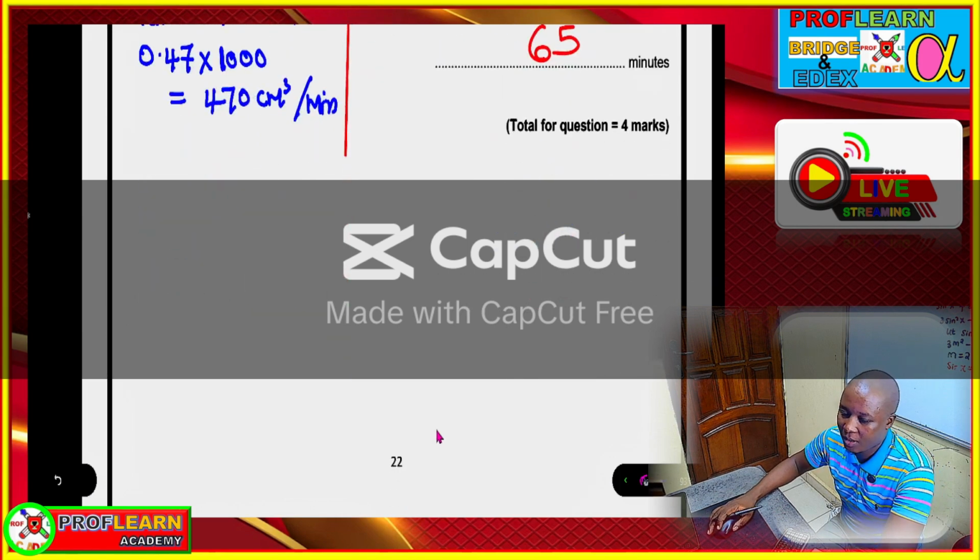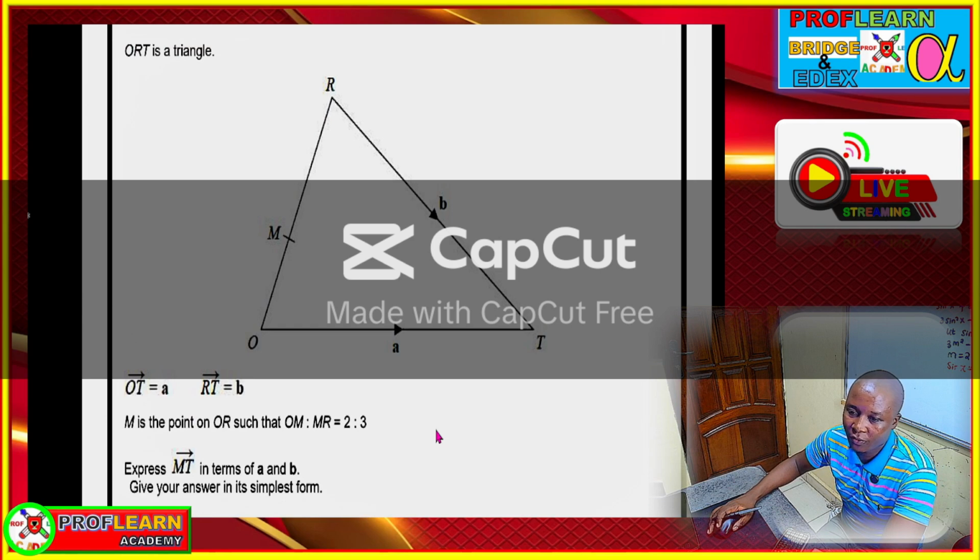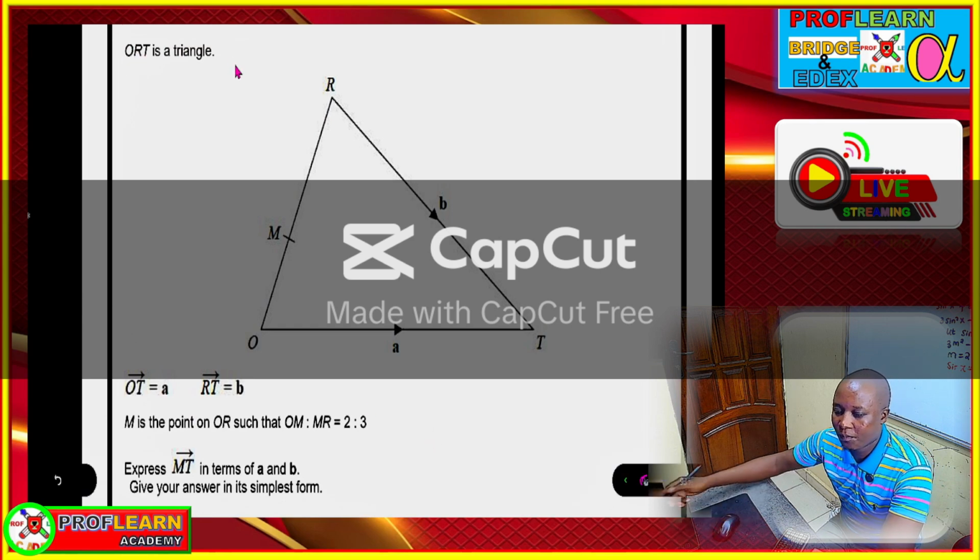Okay, so we have question 24, and question 24 is about vectors. We are told that ORT is a triangle whereby OT is vector A, and RT is vector B. M is the point on OR such that this is 2:3.